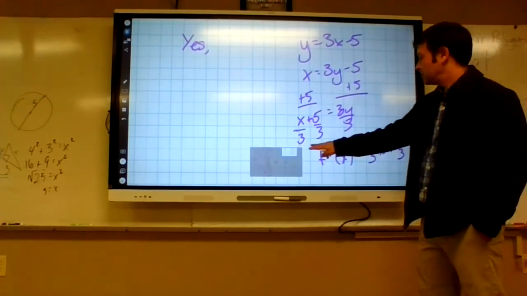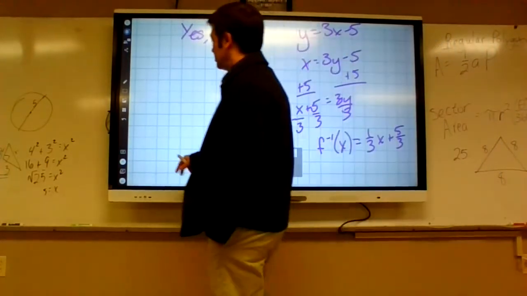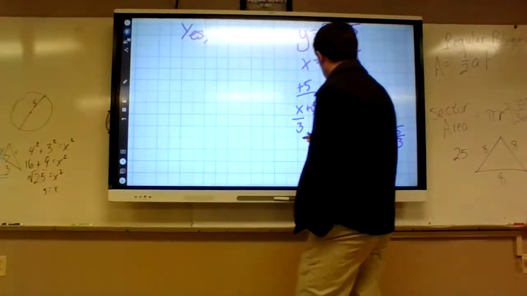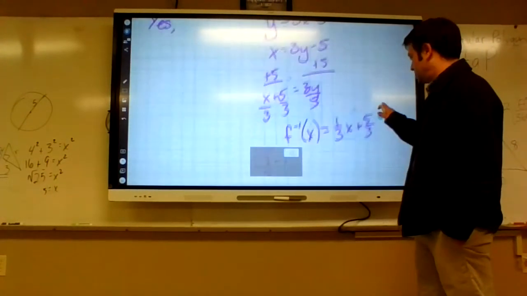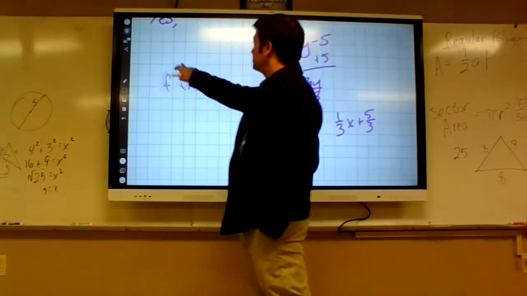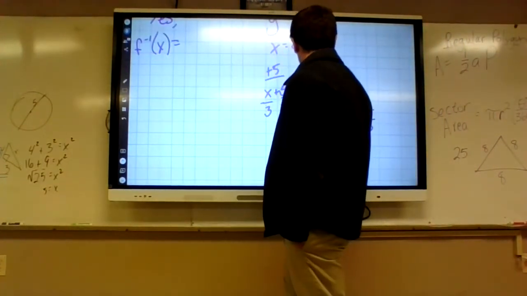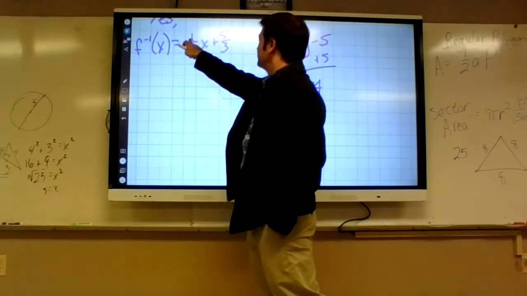So what do we write for the answer? That's the second answer, all this. Then find and show that f of f inverse x equals.